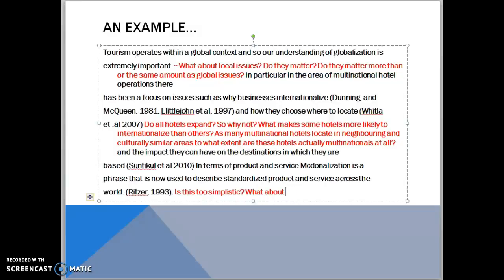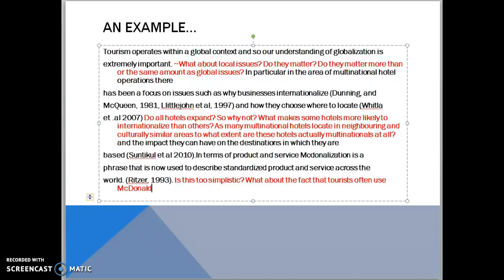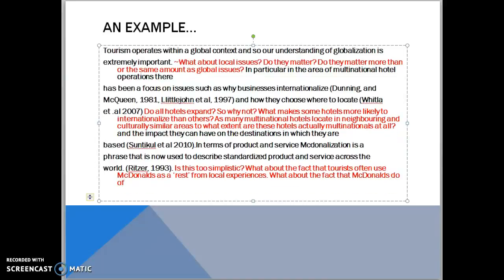What about the fact that tourists often use McDonald's as a rest from local experiences? What about the fact that McDonald's do offer different menus in different places? And so I could go on.